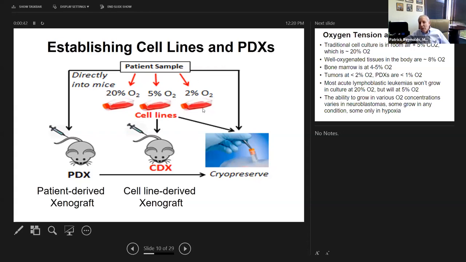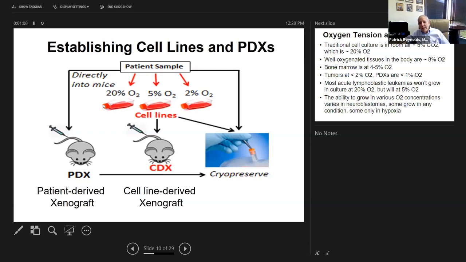And then trying to replicate what's in tumors, which varies a large amount across the tumors, but just picking 2% as a 10-fold less than 20%, this is what we went with. You'll see there are some differences in this. These 3 culture conditions have told us a lot about what people studying just these cells are getting, and it's only a fraction of what's out there in the patient.